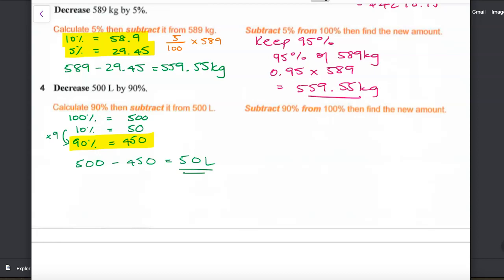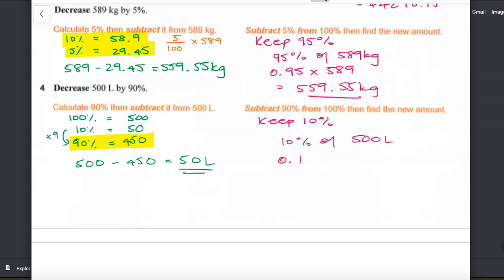So what it allows us to do in method 2 is one efficient calculation. So in our last example where we wanted to decrease 500 litres by 90%, I'm actually only wanting to keep 10%. So all I want to do is find 10% of 500 litres.